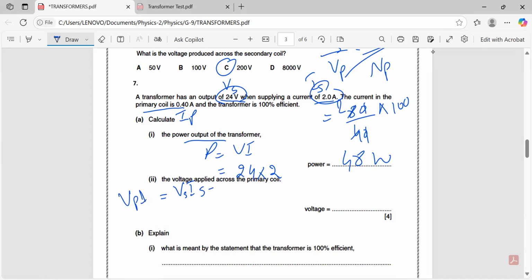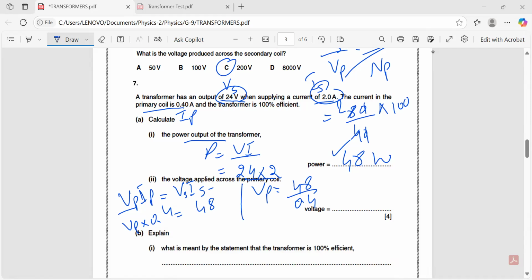This is the formula, and we need to calculate the voltage in the primary coil. Substituting the values, the output power we calculated is 48, and IP is 0.4, times VP. Just divide these two: VP will be equal to 48 divided by 0.4. You will get the required answer, and the answer is 120 volts.